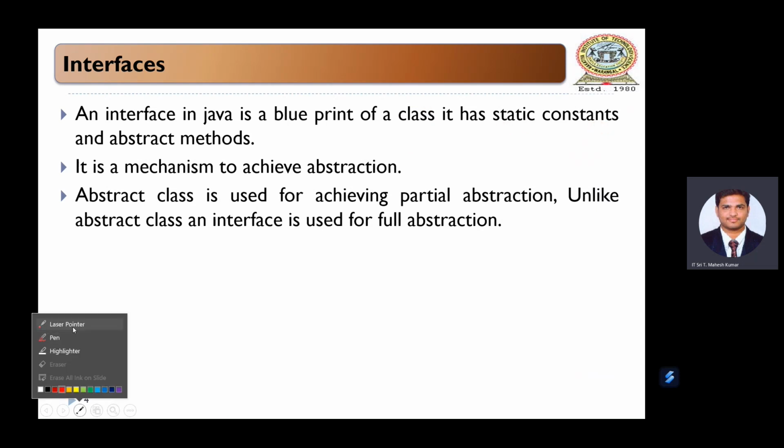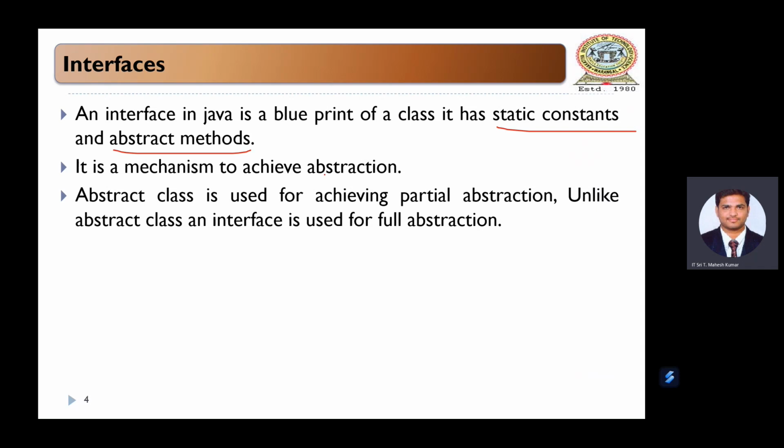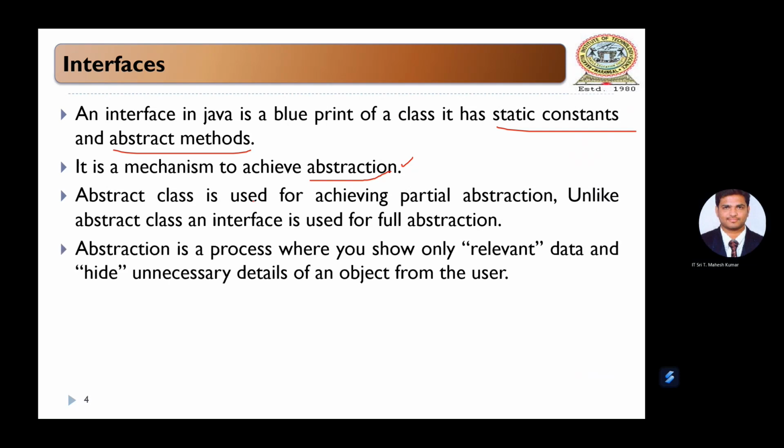It is a mechanism to achieve data abstraction, which is one of the object-oriented programming concepts. An abstract class is used to achieve partial abstraction, unlike an interface, which is used for full abstraction.